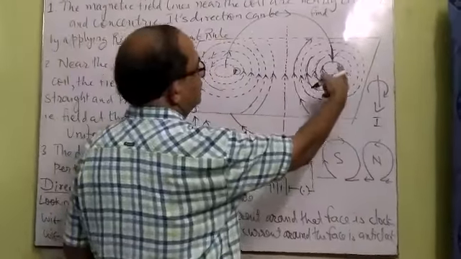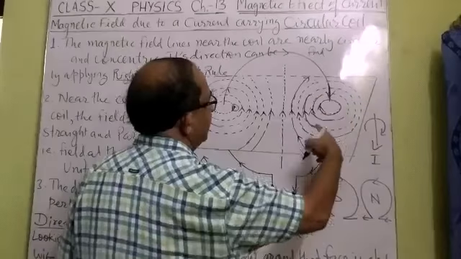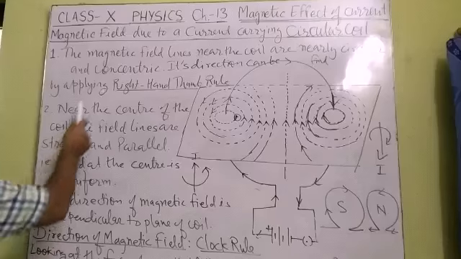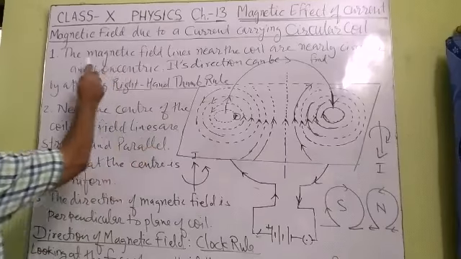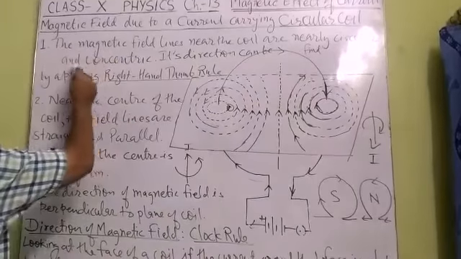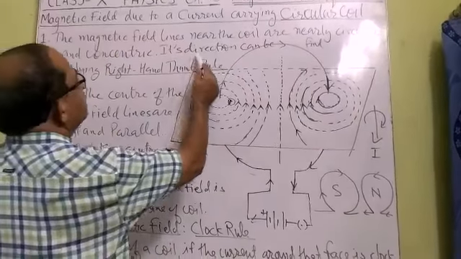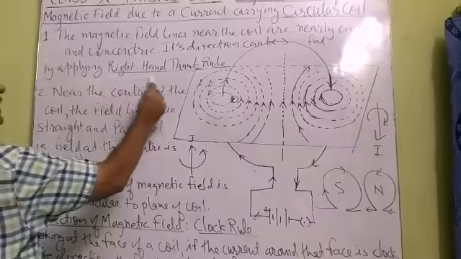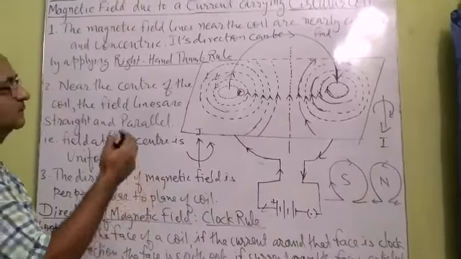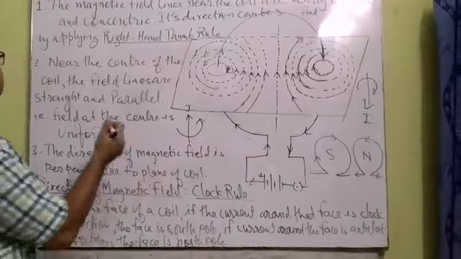At the other end also concentric circles are formed, but the direction of the magnetic field lines can be found with the help of the right hand thumb rule. So the magnetic field lines near the coil are nearly circular and concentric. Its direction can be found with the help of the right hand thumb rule, because in a straight conductor we find the direction of magnetic field lines by the right hand thumb rule.